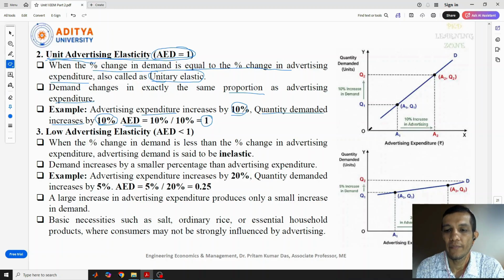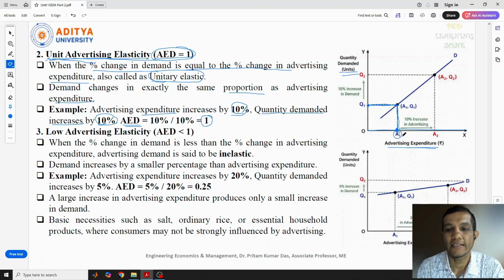So same thing here, in the x-axis, if you consider, that is advertising expenditure, and in the y-axis, the quantity demanded. So here also, initially, suppose the advertising expenditure is A1 at this point. At the same time, our quantity demanded is Q1. So this is our advertising expenditure and this is the quantity demanded.